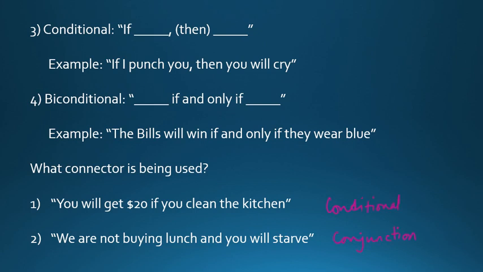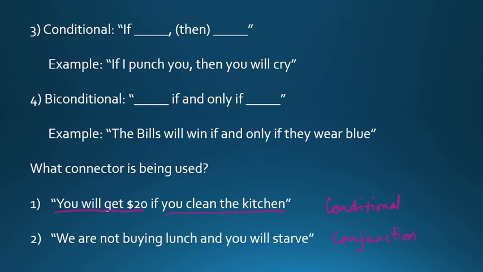All right, so let's see if your answers were correct. Hopefully for the first one, you found that it was a conditional statement. You will get $20 is a simple statement on its own. And then you have you clean the kitchen is the other simple statement in here. And we have the if going there.